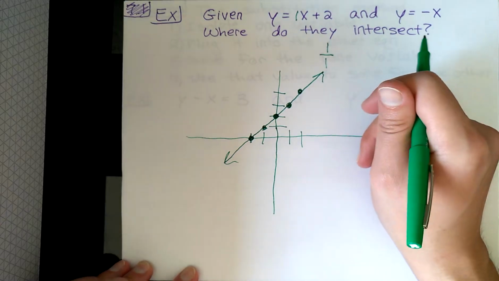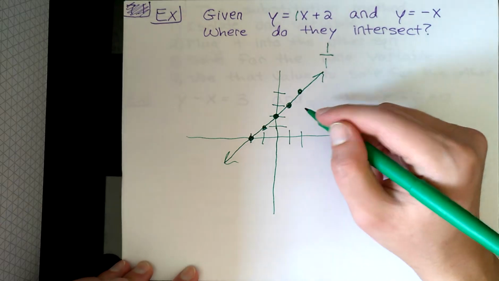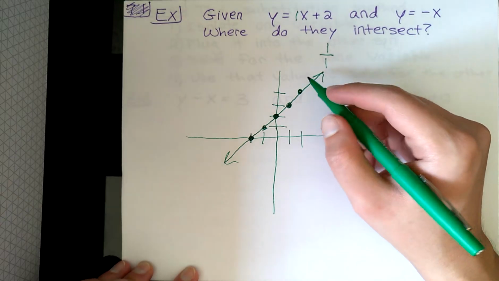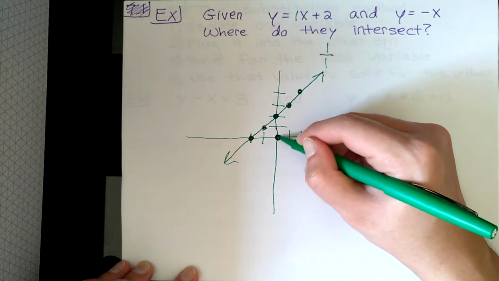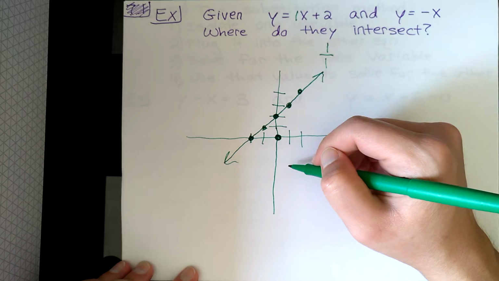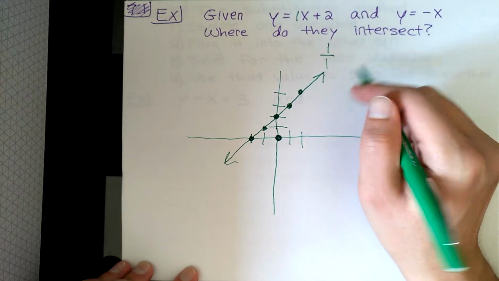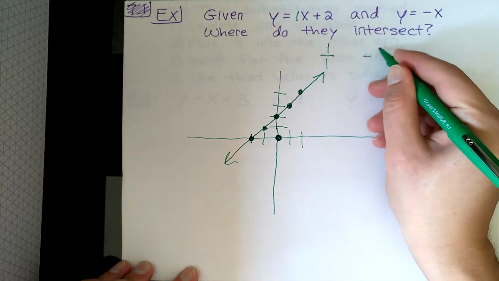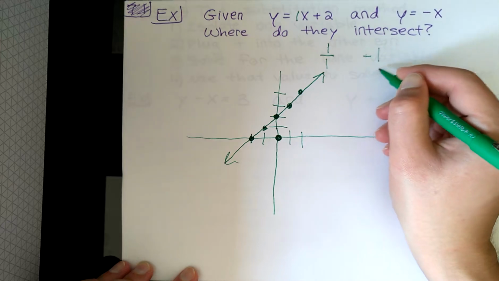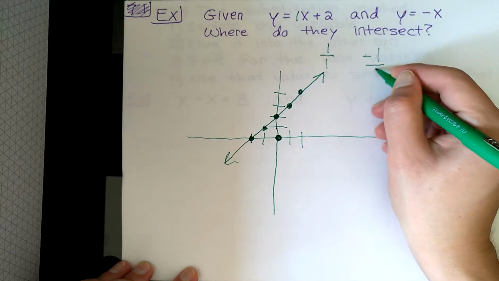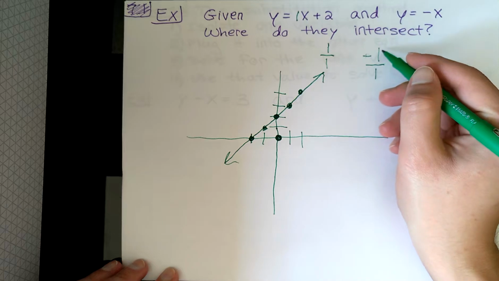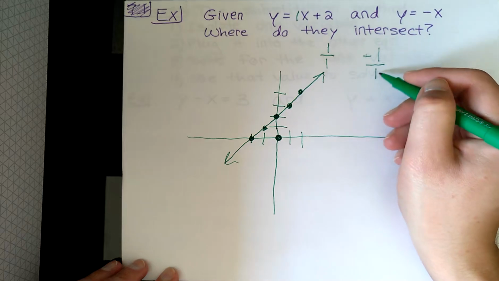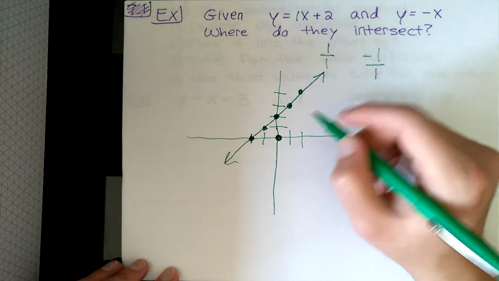From here, we now have y equals negative x. So what number is being added to the x? 0. So we get a point right here. And now that negative x tells us we have a negative 1 in front of our x, which means we have a negative 1 over 1 if we want to change that to a fraction. So this says we go down 1 for every 1 we go to the right.